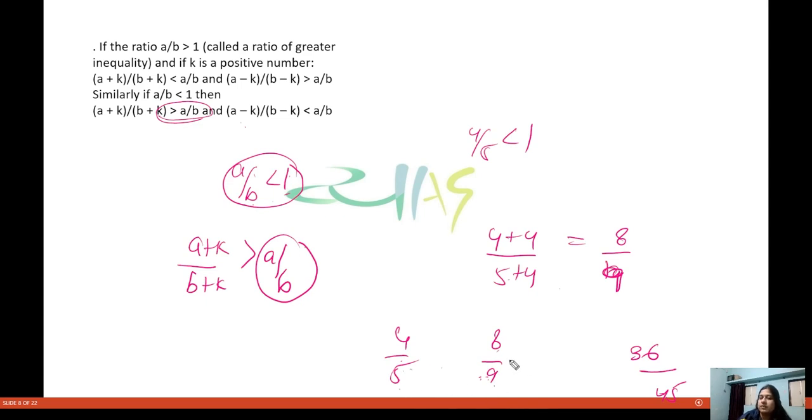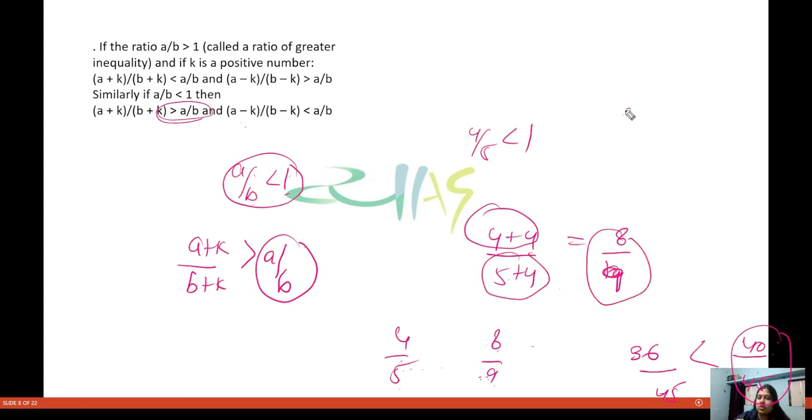And what are you going to multiply here? You are going to multiply 5 here. So you have 40 by 45. You obviously know this 40 by 45 is greater. So when you added, what came is greater.